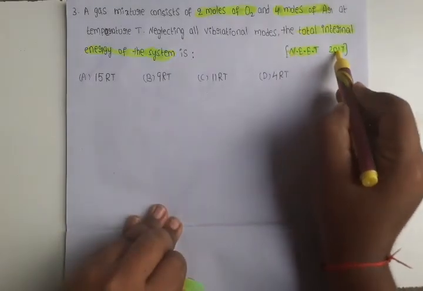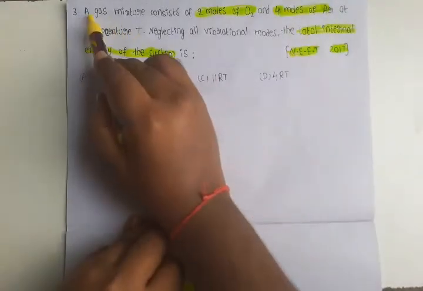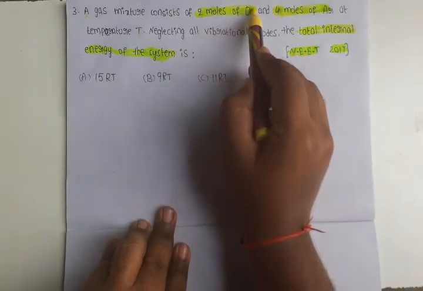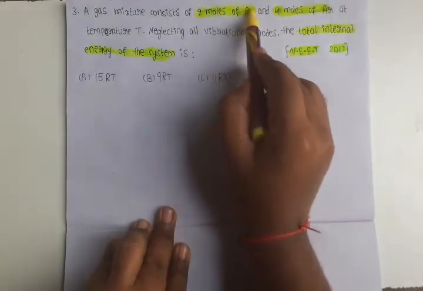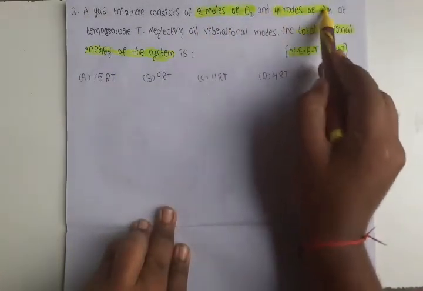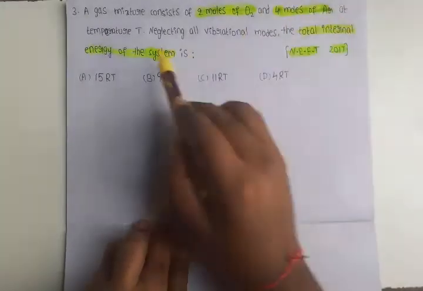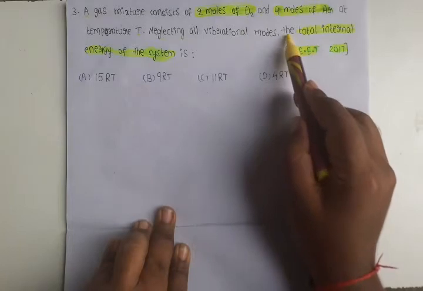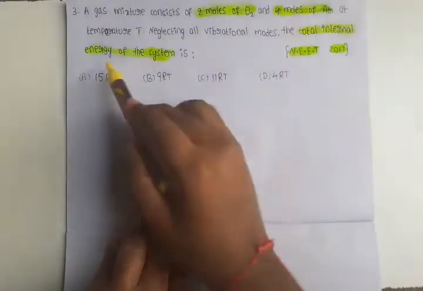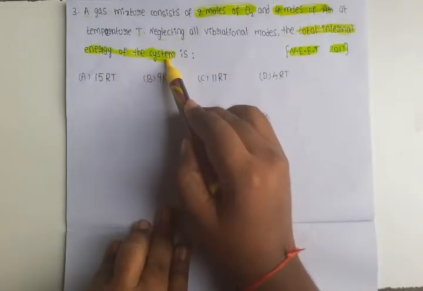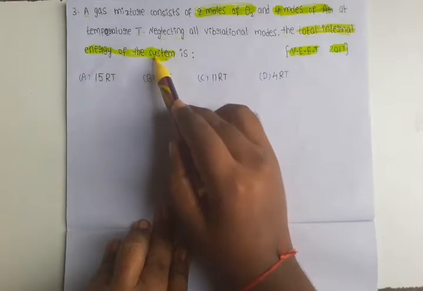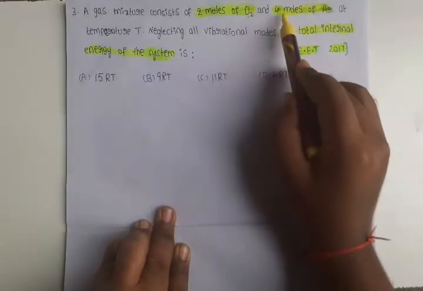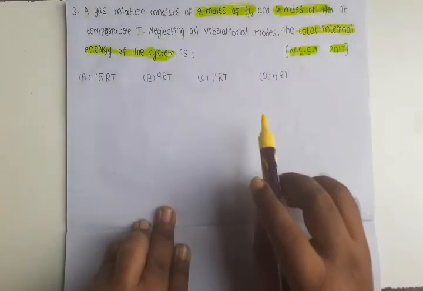Next question, NEET 2017. A gas mixture consists of 2 moles of oxygen gas and 4 moles of argon gas at temperature T. Neglecting all vibrational modes, find the total internal energy of this system. So one system is there, consisting of 2 moles of oxygen gas and 4 moles of argon gas.